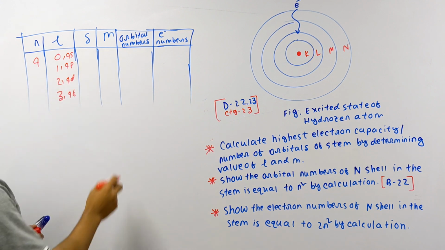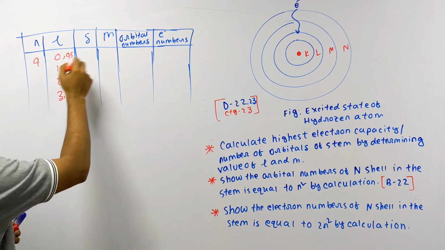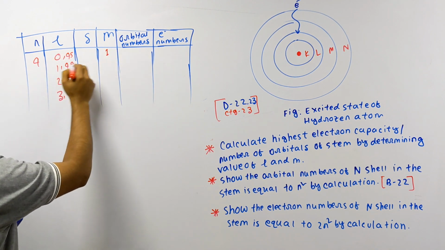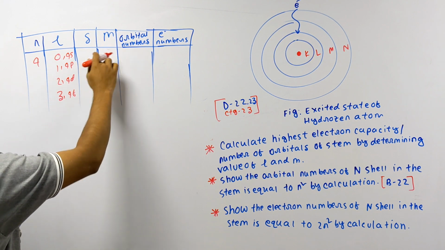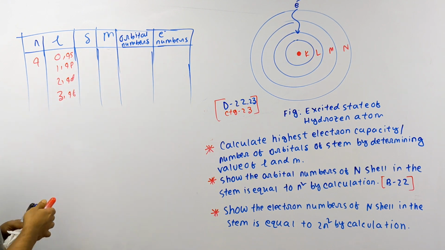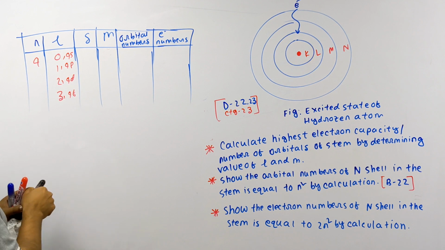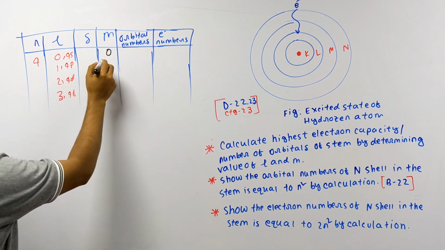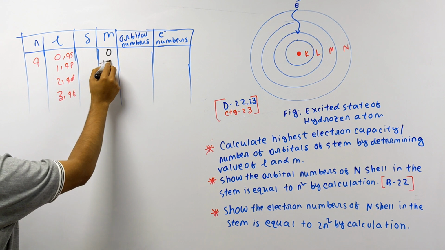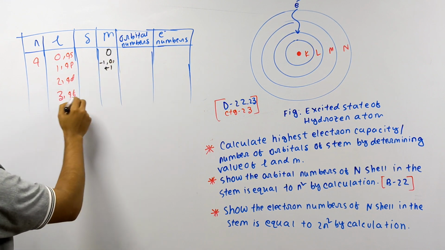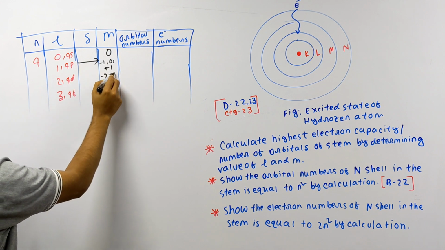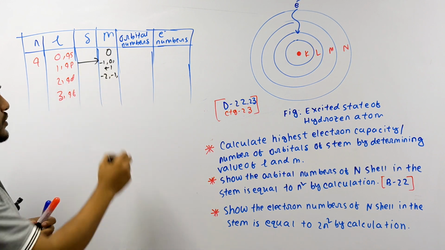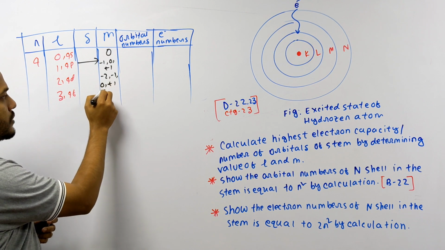Here m means, for the s orbital, there should be 0. For p, it is minus 1, 0, plus 1. For d, it is minus 2, minus 1, 0, plus 1, plus 2.